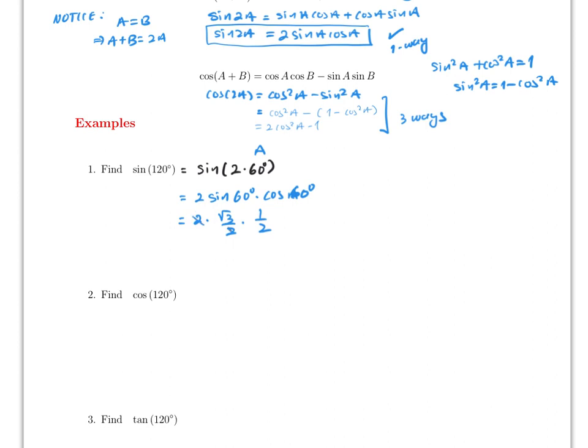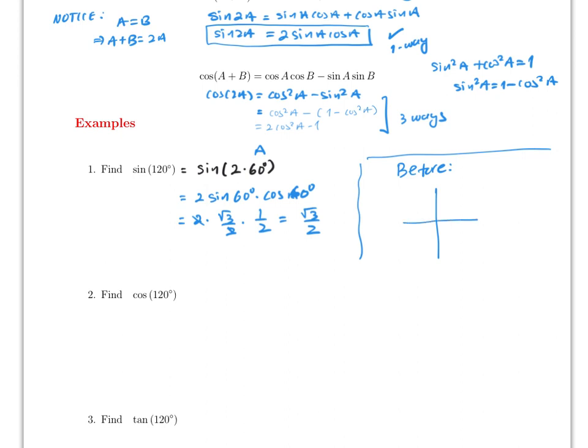So this one cancels, and you end up with radical 3 over 2, which should not be surprising, because remember from before, you have solved this problem many times in different ways.